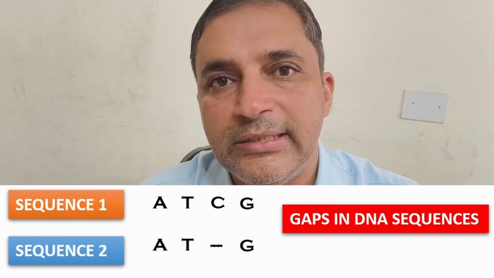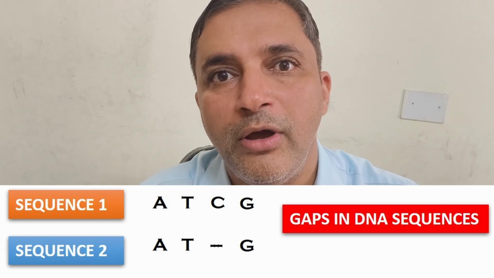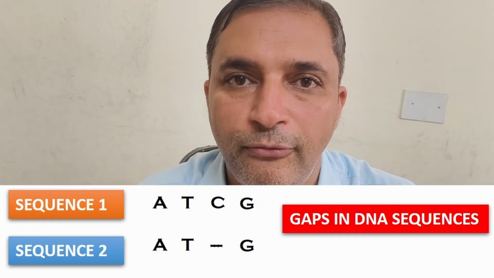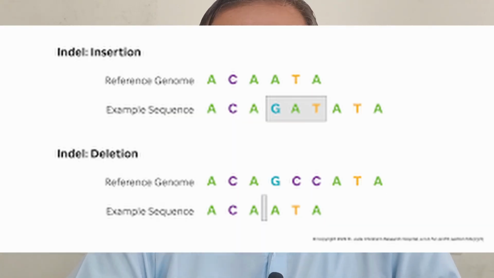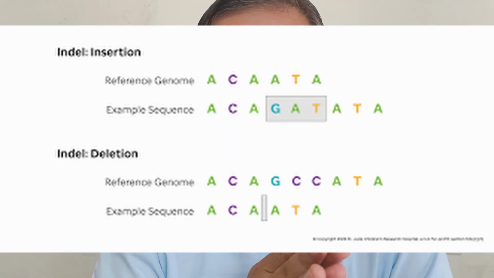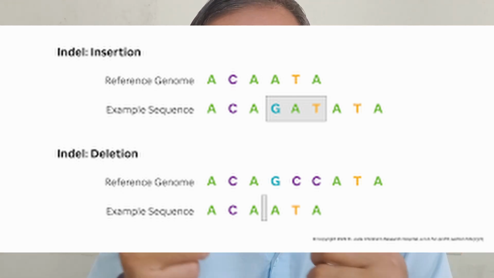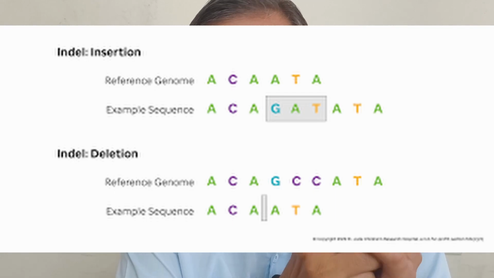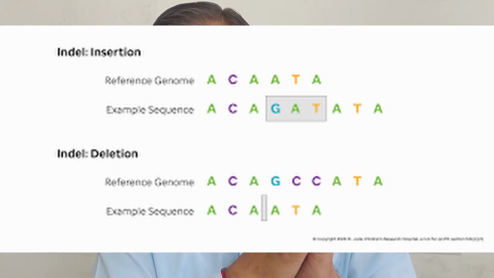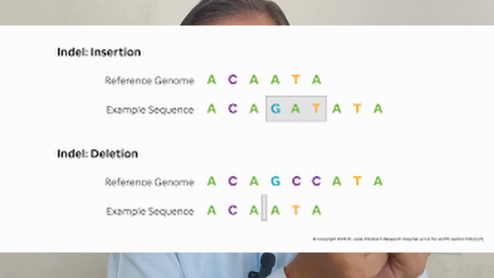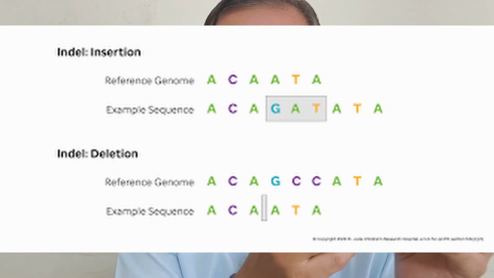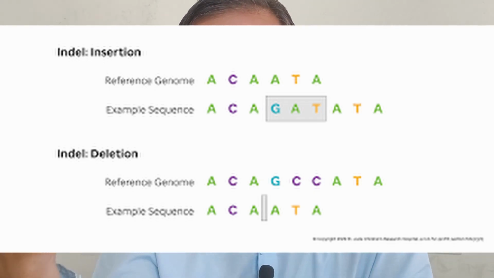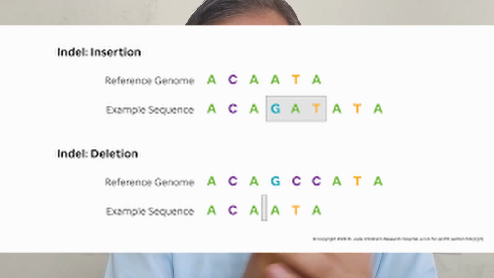So this gap is a root cause of evolution or mutation, and it has led to the development of various species on this planet. This gap can occur during the course of evolution by insertion or deletion, which are combinedly called indel. When an additional nucleotide is inserted at the gap, it is called insertion, and if it is omitted, then it is called deletion.